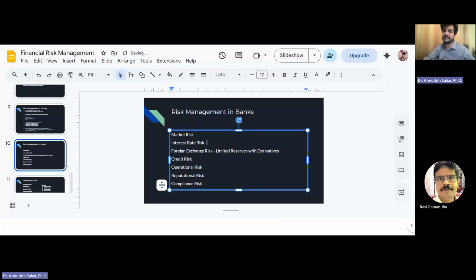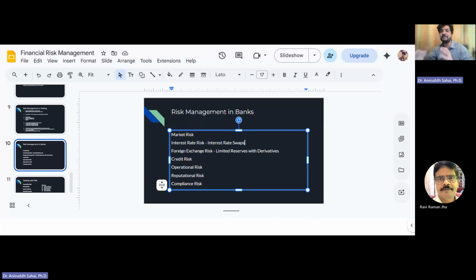Similarly, if you are dealing with interest rate risk, you can go with interest rate swaps. They can participate in interest rate swaps, where you are engaging with other entities, other banks, and if let's say you believe that the interest rates are about to go down, you can exchange your fixed with floating and floating with fixed across different parties.